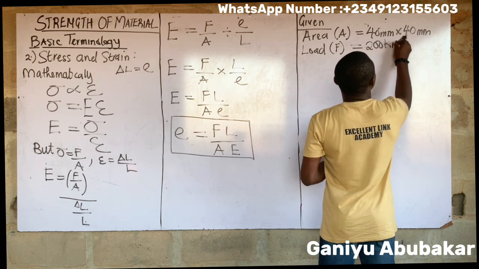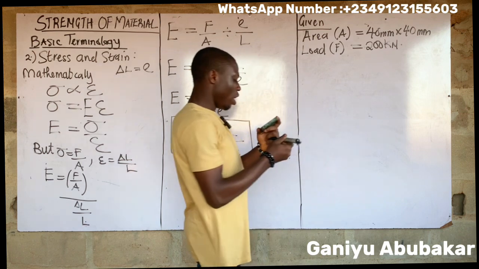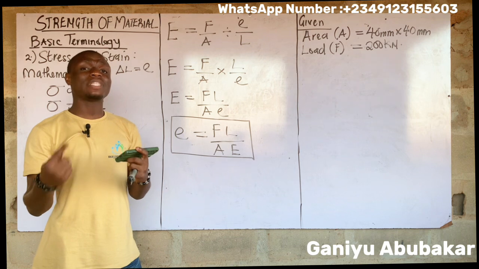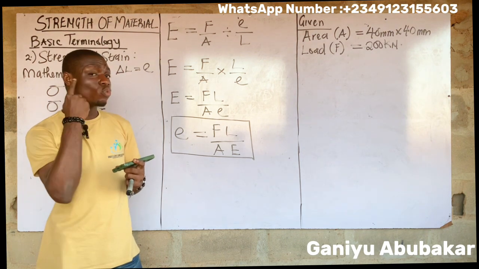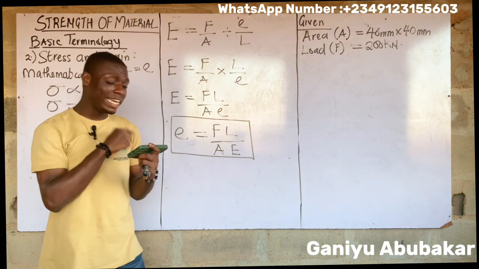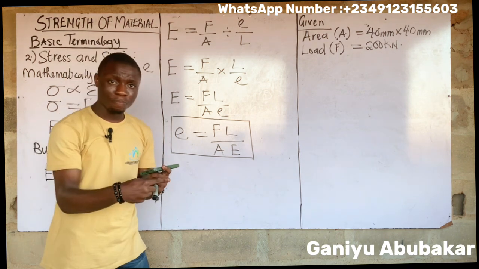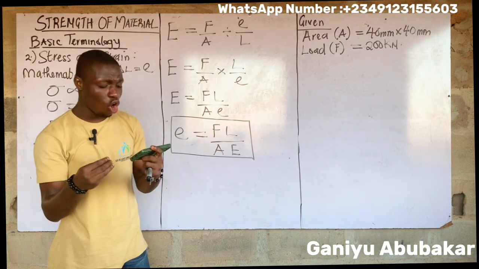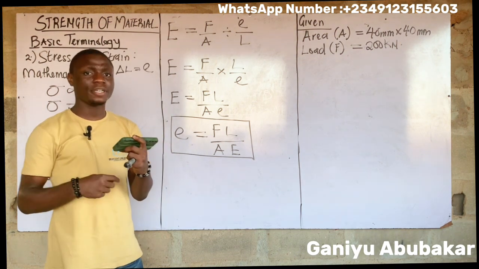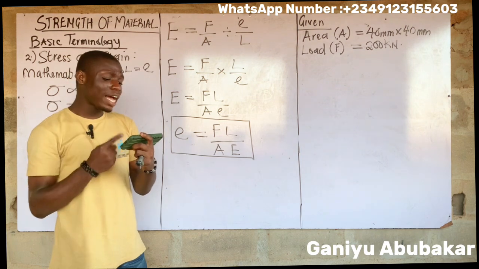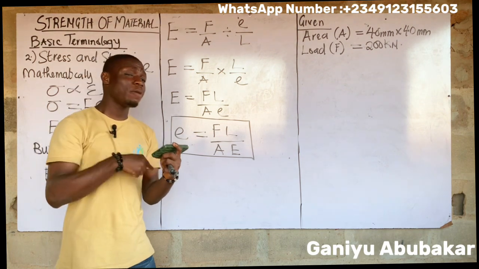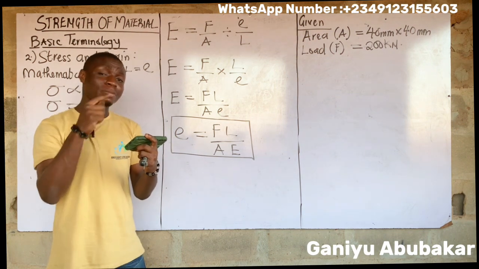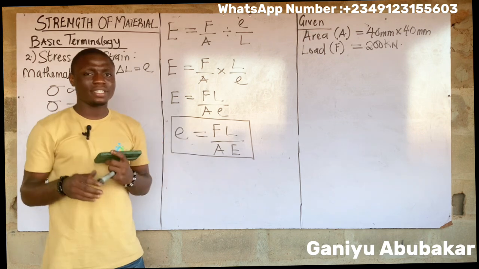200 kilonewton. Let's stop. Calculate the shortening in length of 100 millimeter. Listen to the question. Is that 100 millimeter the value for shortening length or original length?